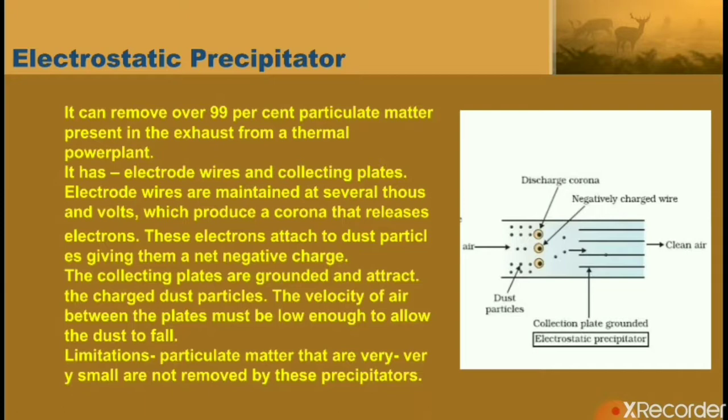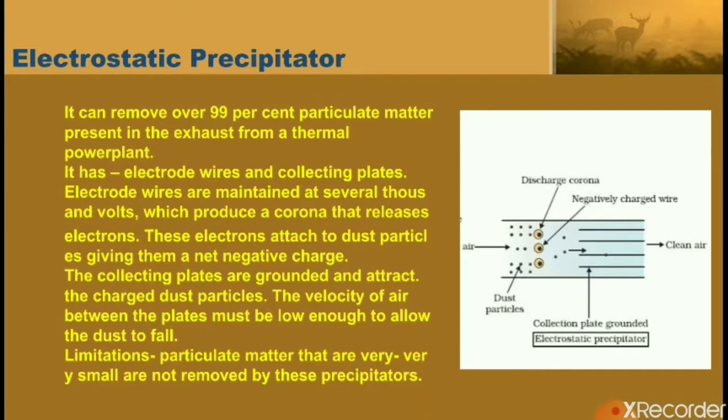It has electrode wires and collecting plates. Electrode wires are maintained at several thousand volts, which produce a corona that releases electrons. These electrons attach to the dust particles, giving them a net negative charge. The collecting plates are grounded and attract the charged dust particles.